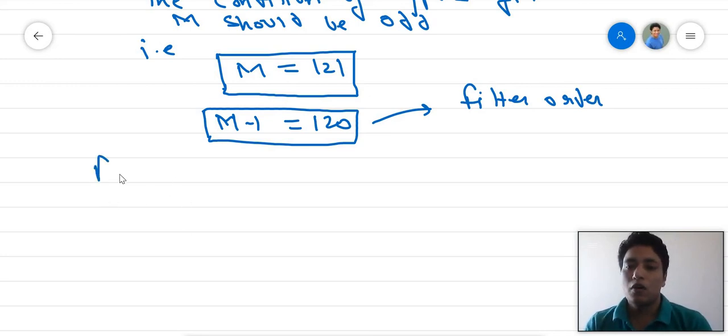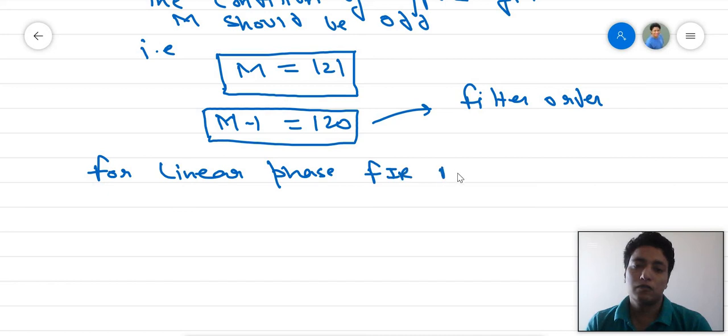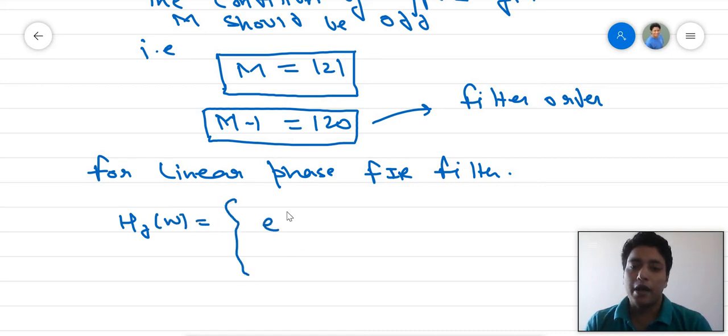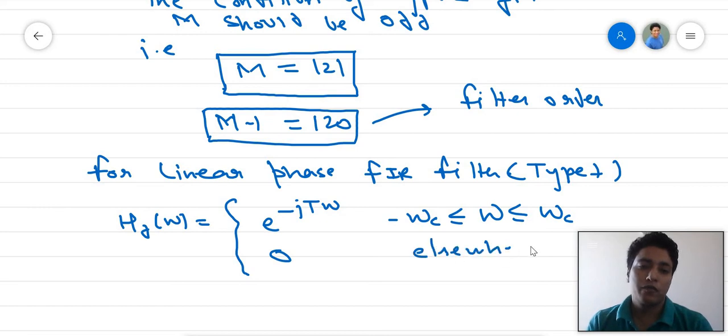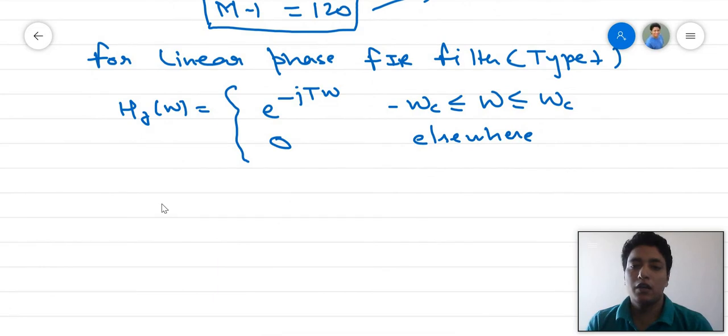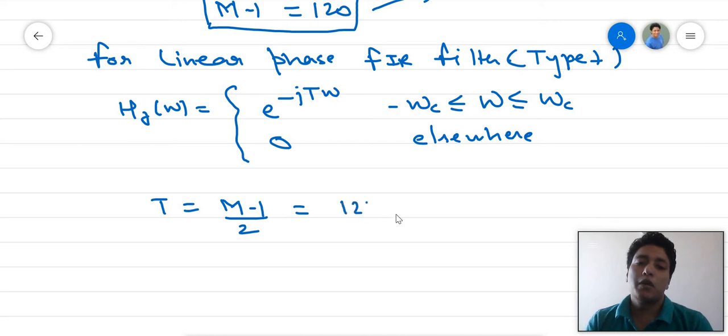Now for a linear phase FIR filter, actually for type 1, H d omega is equal to exponential minus j tau omega from minus omega c to omega c and 0 elsewhere, where tau is equal to M minus 1 by 2, which is 121 minus 1 by 2 equals 60.